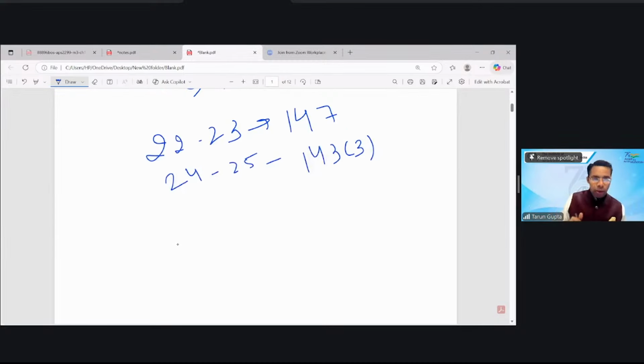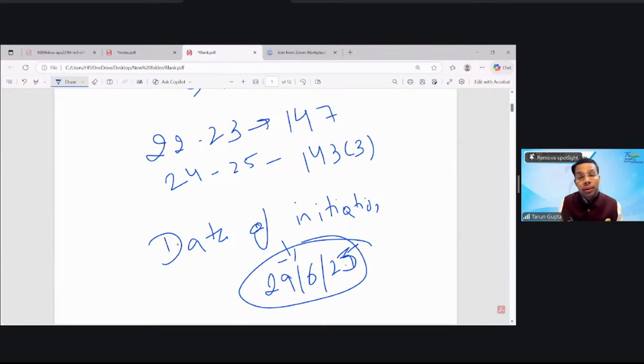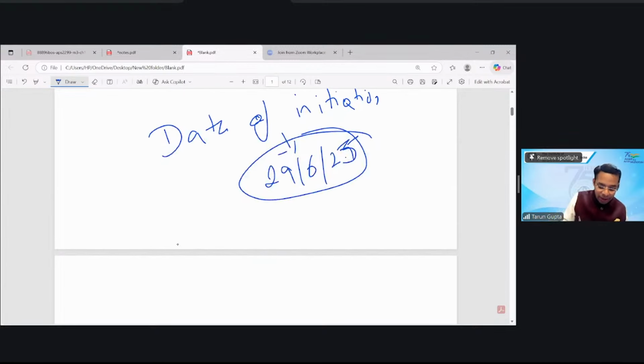So what it says is, when a search happens, whatever assessments are pending on the date of initiation of search, in our case it was 29th June 25, whatever assessments were pending as on this date shall abate. Abate means shall stop. They shall not continue.